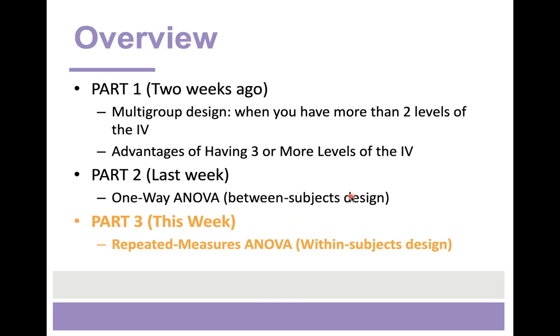So this would be group A versus group B versus group C. So maybe if you're doing a drug trial, a 0 milligram group, a 10 milligram group, and a 20 milligram group, where the independent variable, in this case dosage, is a between subjects variable, meaning that individuals only receive one level of the independent variable.